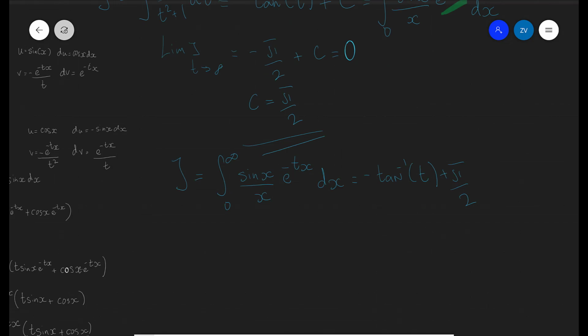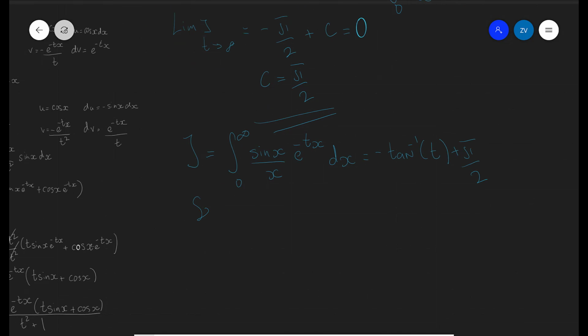And our final step would be to set our new parameter t to be equal to 0. Why do we set t to be 0? Because then this part here, e to the minus tx, will be equal to 1, because e to the power of 0 is, of course, equal to 1.